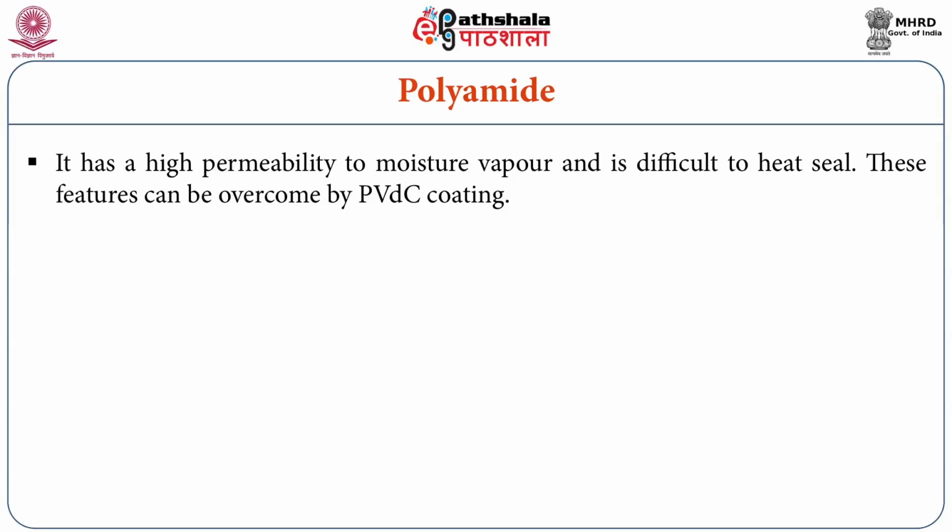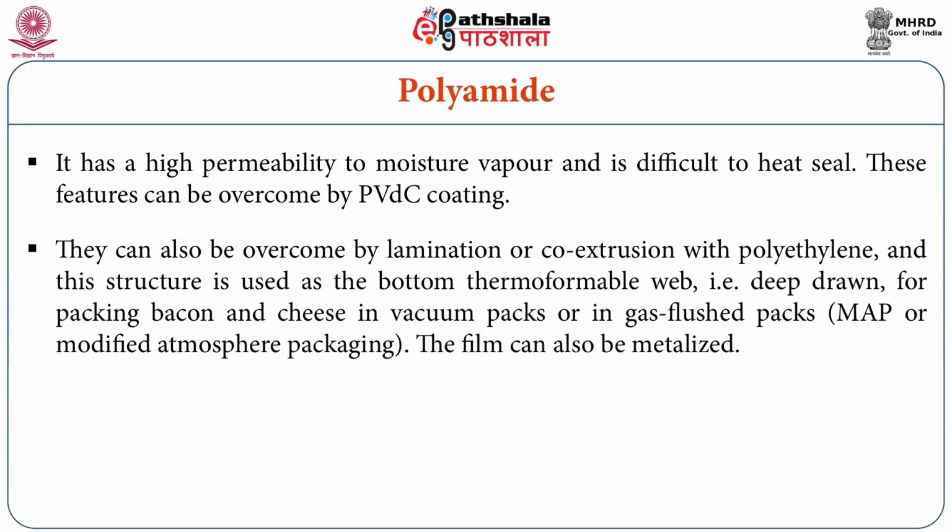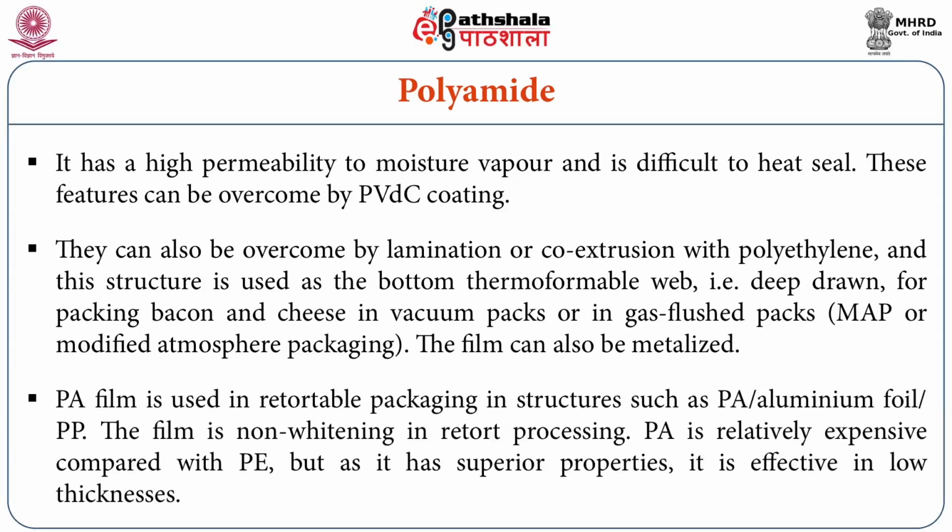These features can be overcome by PVDC coating, and they can also be overcome by lamination or co-extrusion with polyethylene. And this structure is used as bottom thermoformable web for packing bacon and cheese in vacuum packs or in gas flushed packs, and the film can also be metallized.